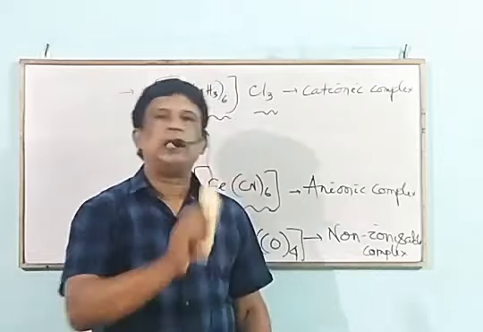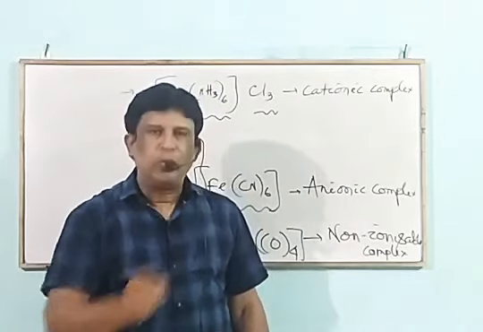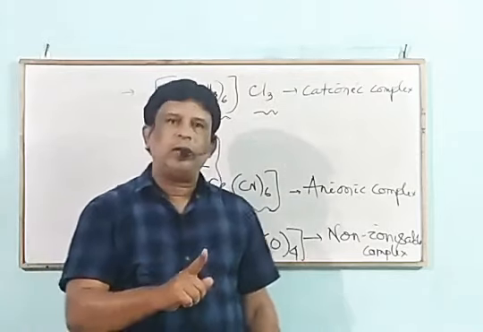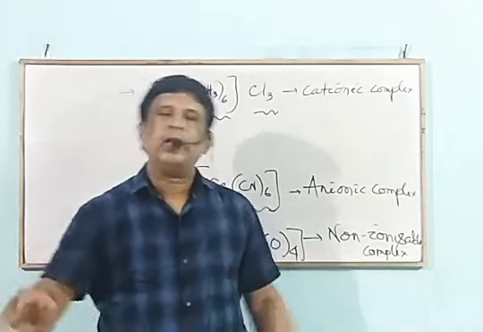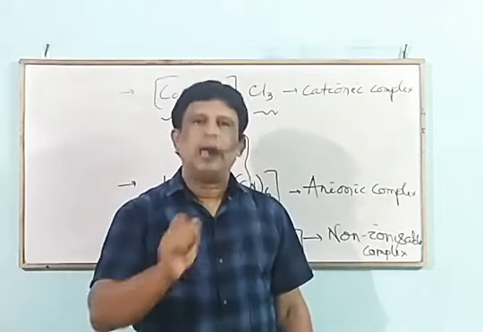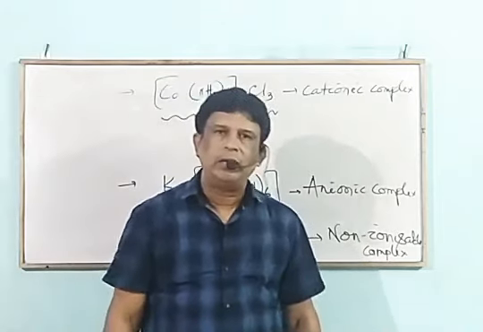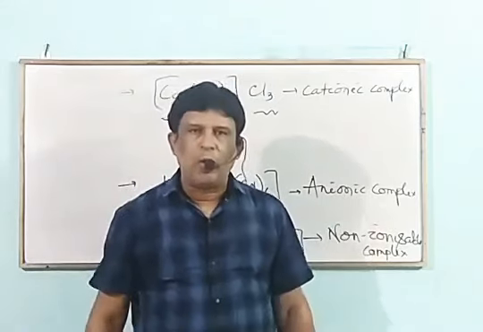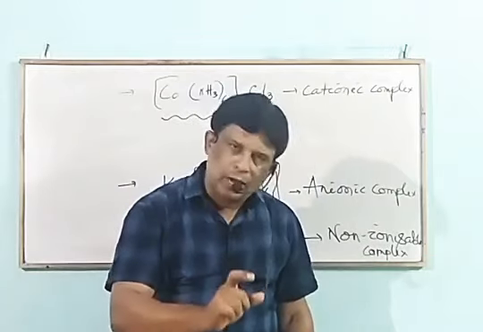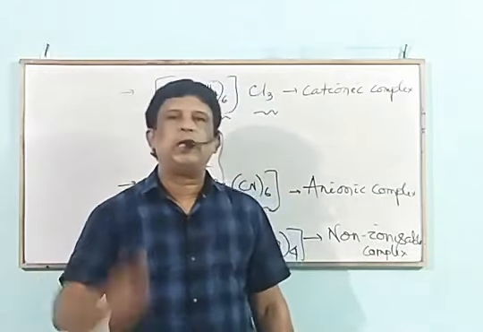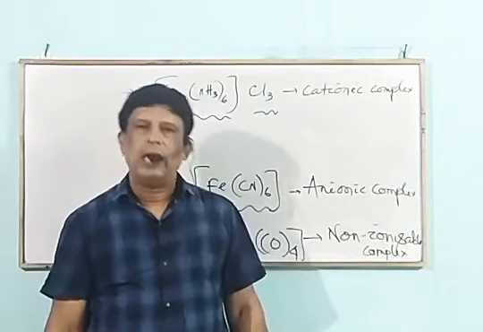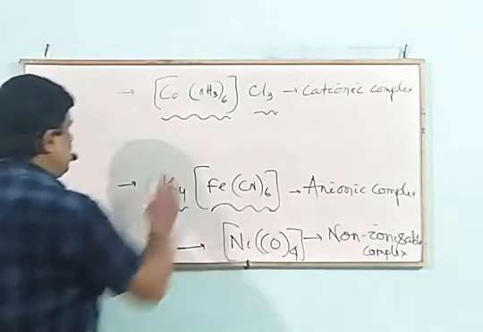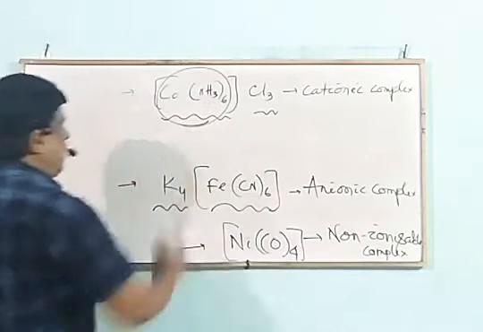Whatever may be the nature of the complex, there are some rules. First rule: always name the cation first, followed by the name of the anion, whether the complex is cationic, anionic, or non-ionic. I repeat again, while giving the name of a complex, first give the name of the cation, then the anion, irrespective of the nature of the complex. Mark that, what is the cationic part here? Here the cationic part is the complex part.